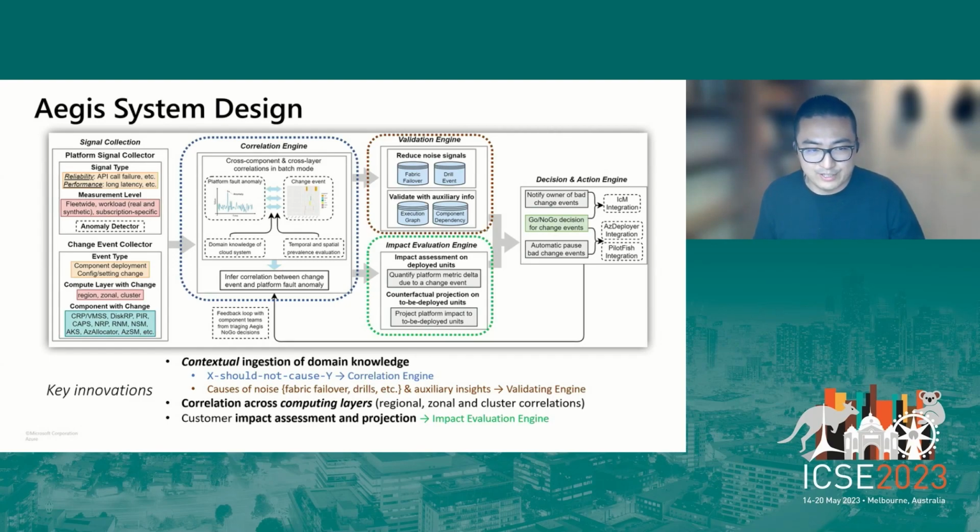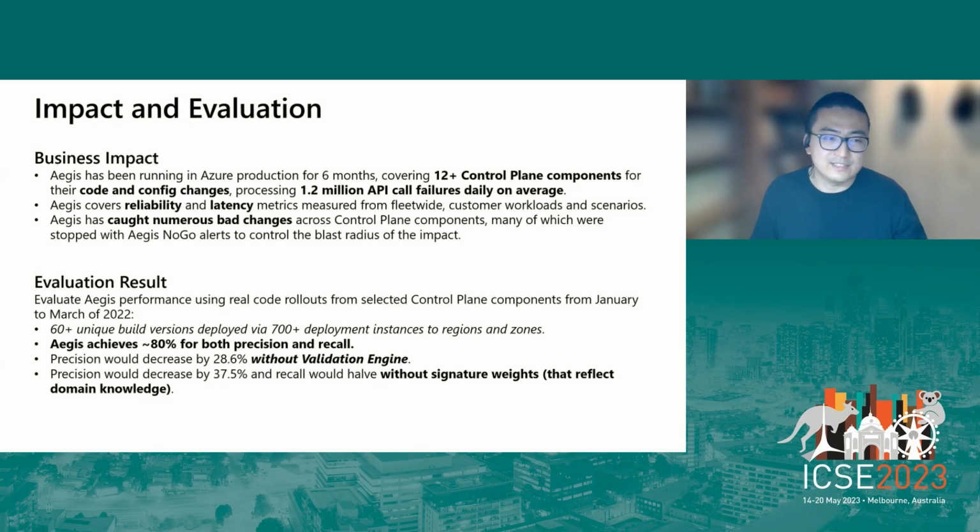The output from the correlation engine gets passed on to the validation engine to validate its decision with known noises and other auxiliary signals, and then to an impact evaluation engine to evaluate the customer impact. Finally, the action engine executes upon the go or no-go decision in the form of alerting the component team or automatically stopping the bad changes. So this is the last slide.